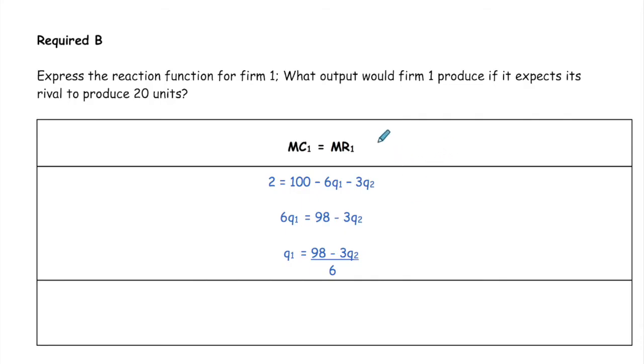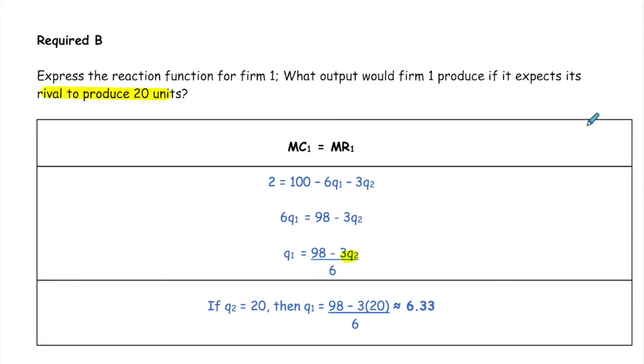And now that we've done that, in order to figure out how many units should be made if we know that the rival is going to produce 20 units, it's simply a matter of plugging in 20 where we see Q2 and to solve for Q1. And so if we work out the math there, we can argue that Q1 is going to be 98 minus 3 times 20 all over 6. So that should work out to roughly 6.33 if we round to 2 decimal places.